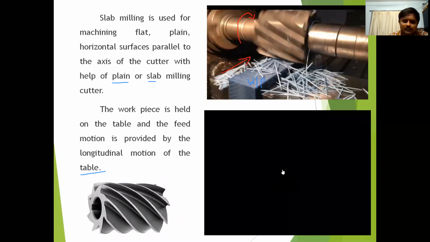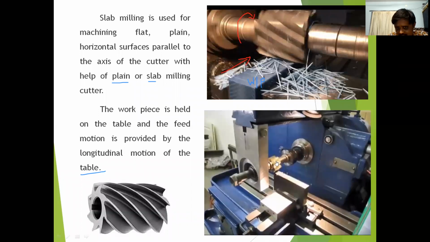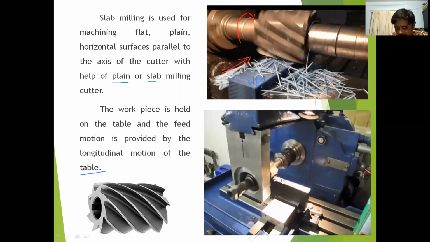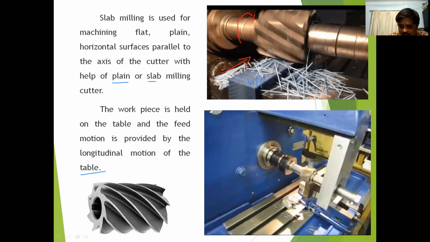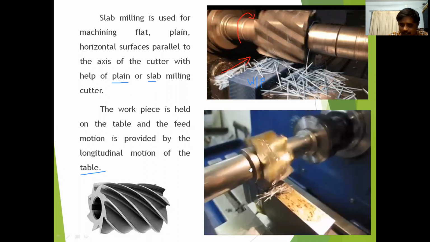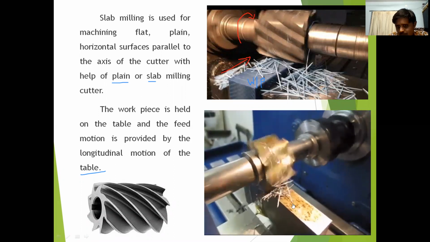Now you can observe this video, and we'll get the idea about slab milling. This is the milling cutter, and this is the work surface. If you observe, the axis of rotation of the cutting tool is parallel to the work surface, and you can observe how the material is removed from the work surface.